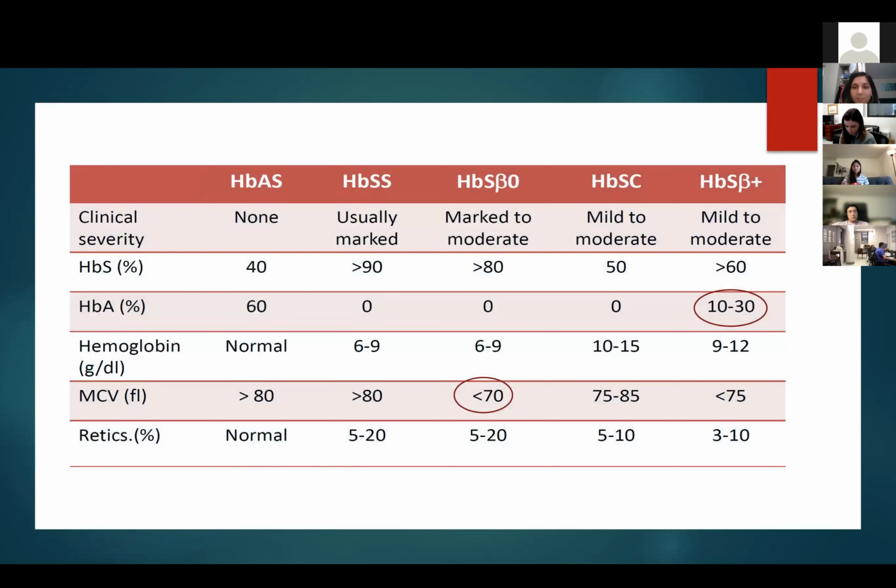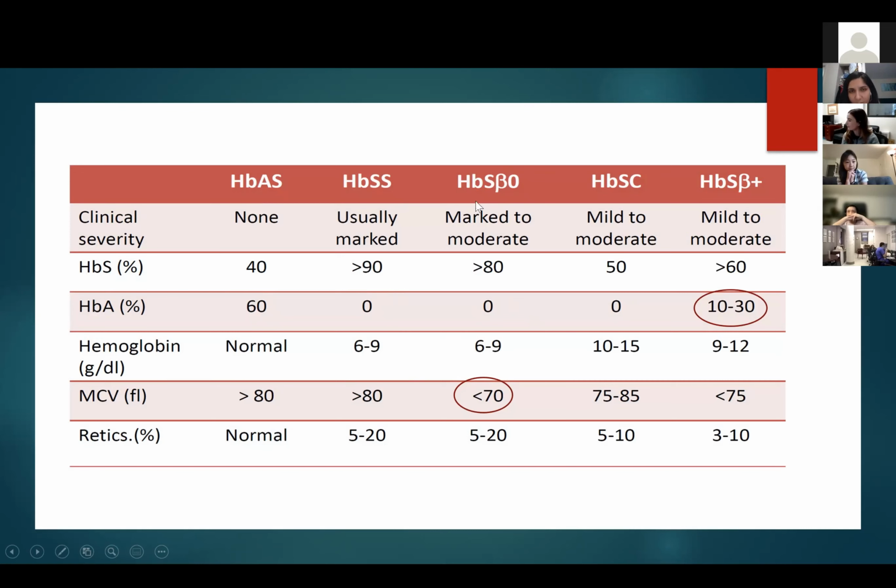Okay, and this is a table that I think you guys are familiar with, but just to revise it really quickly. So the first thing right here is your hemoglobin AS, which is sickle cell trait. We discussed this. The typical ratio is 40-60. And hemoglobin SS, you would not have any hemoglobin A, and you would have more than 90% hemoglobin S. And their hemoglobin is usually about 6 to 9, which is similar for hemoglobin S beta 0.